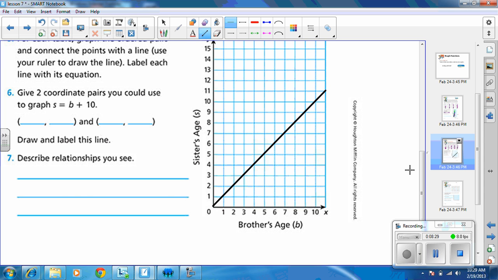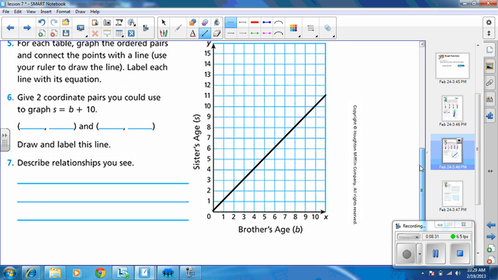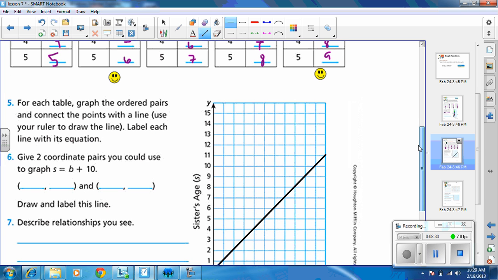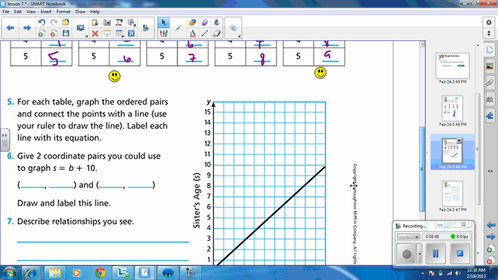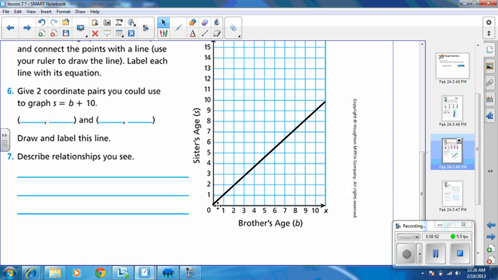And that black line is representative of if they were the same age each time, okay? It looks like I need to do a little adjusting here because it should be 10, 10. There we go. Okay, so think about each of your ordered pairs. They should fall onto that particular line at each increment.